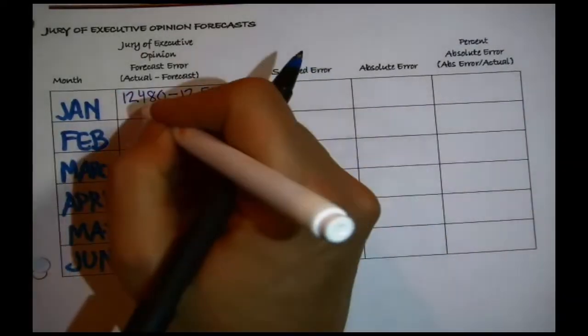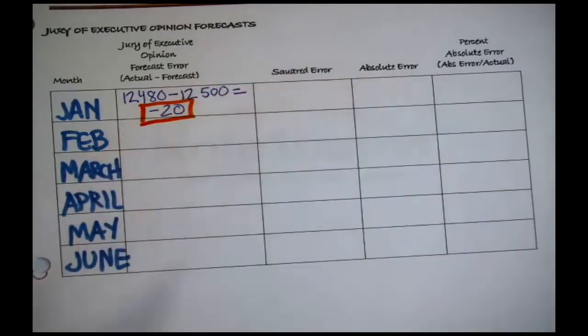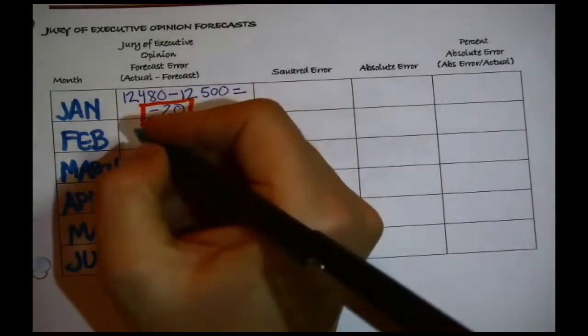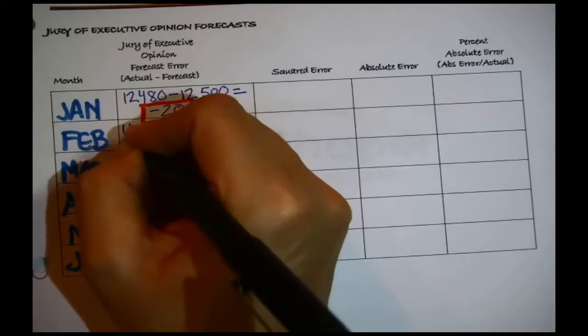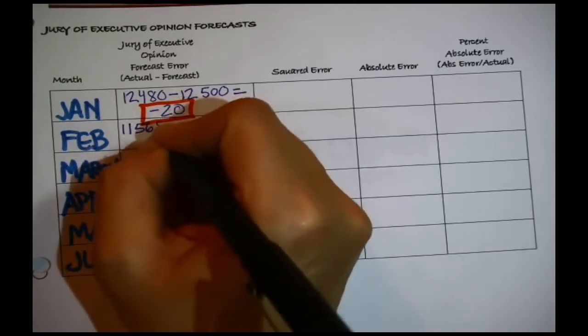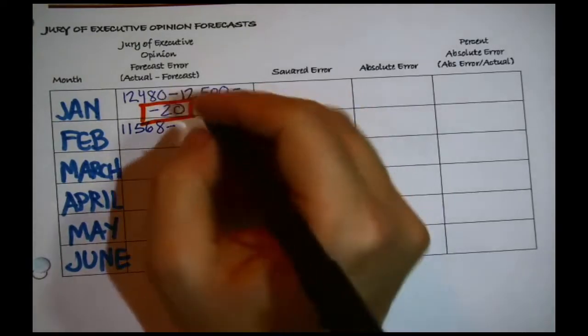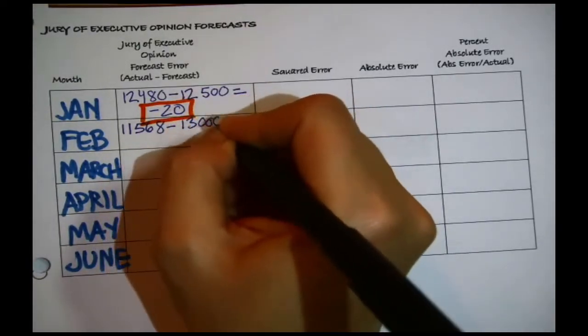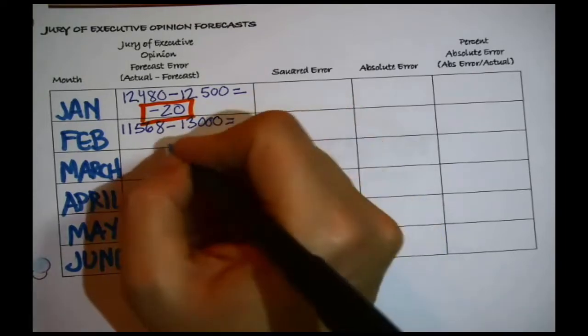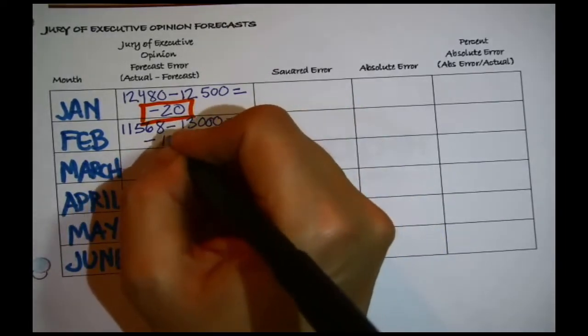So in January, their error was only negative 20. Now, continuing on, what actually happened in February was there were 11,568 transports. Looking up what the jury of executive opinion said would happen, that's 13,000. So the error in February is 1,432.